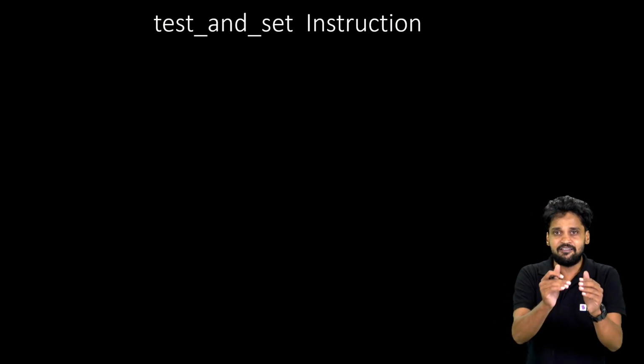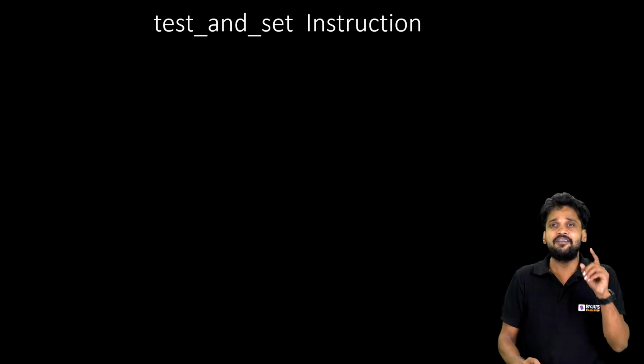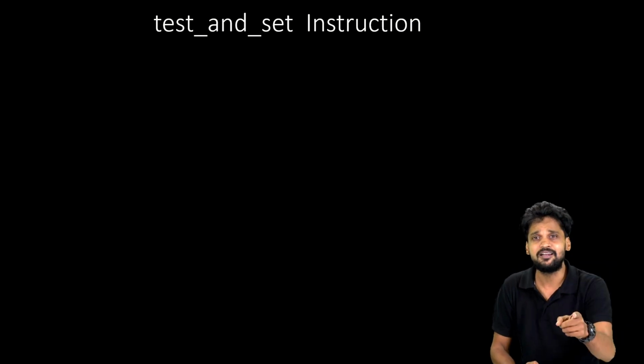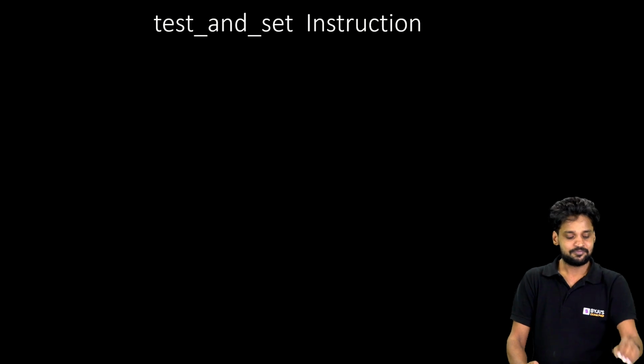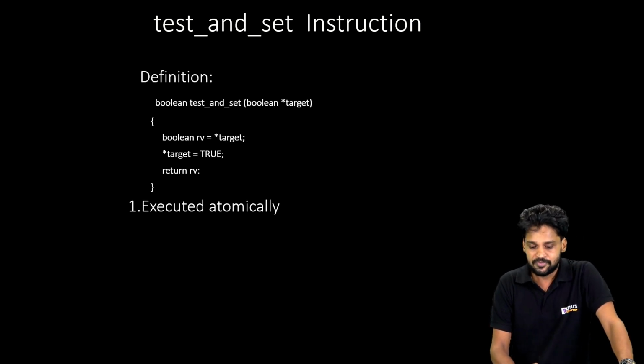Again, every cooperative process needs to be provided with a variable lock of type boolean initialized to 0. Now, understand carefully. This is the lock definition.